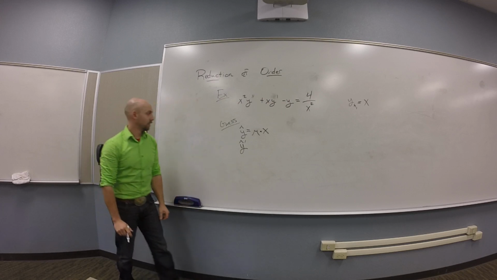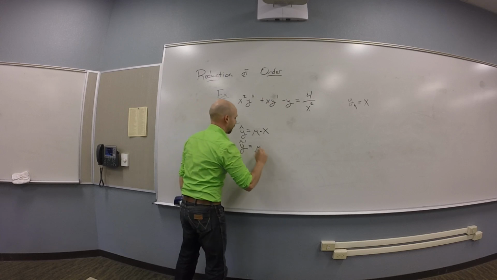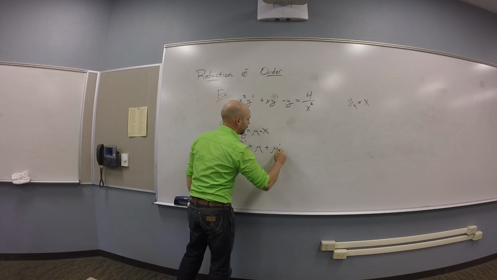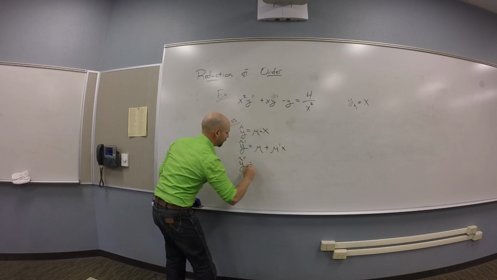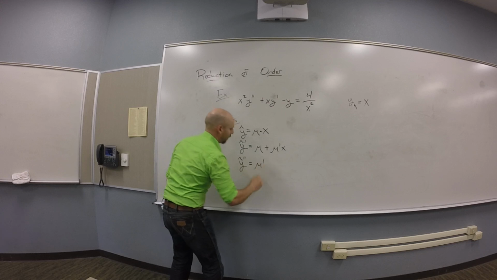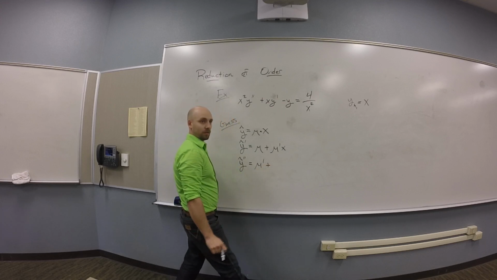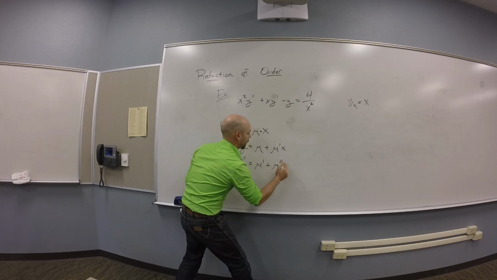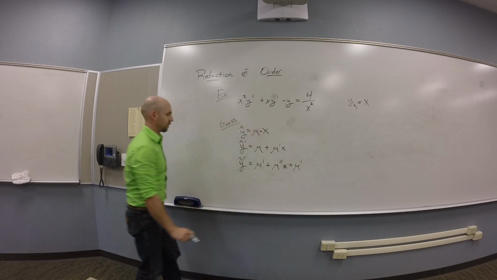So y hat prime is mu plus mu prime x, and y hat double prime is mu prime plus mu double prime x plus mu prime.